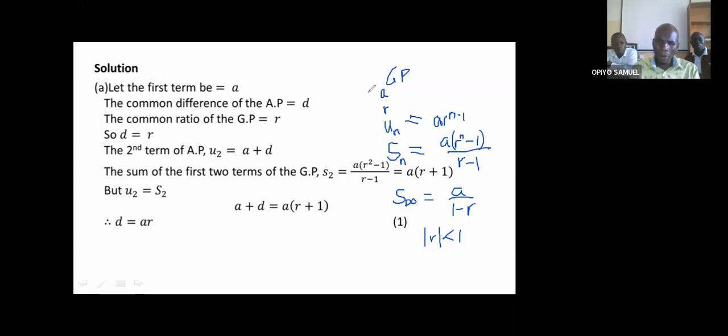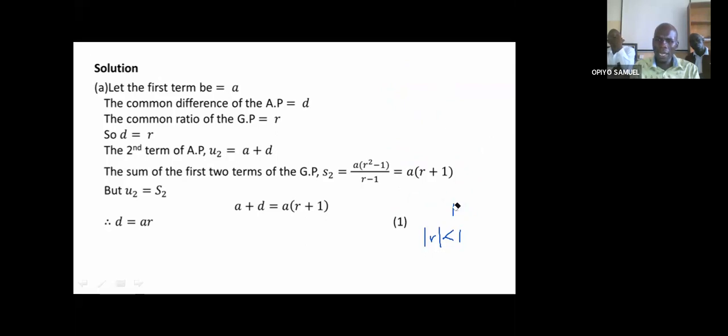So for any problem now, we need to apply these 5 things when we are dealing with the GP, depending on the information provided. So let's now look at our problem. From our problem, we let the first term be a, which means both for the GP and the AP.